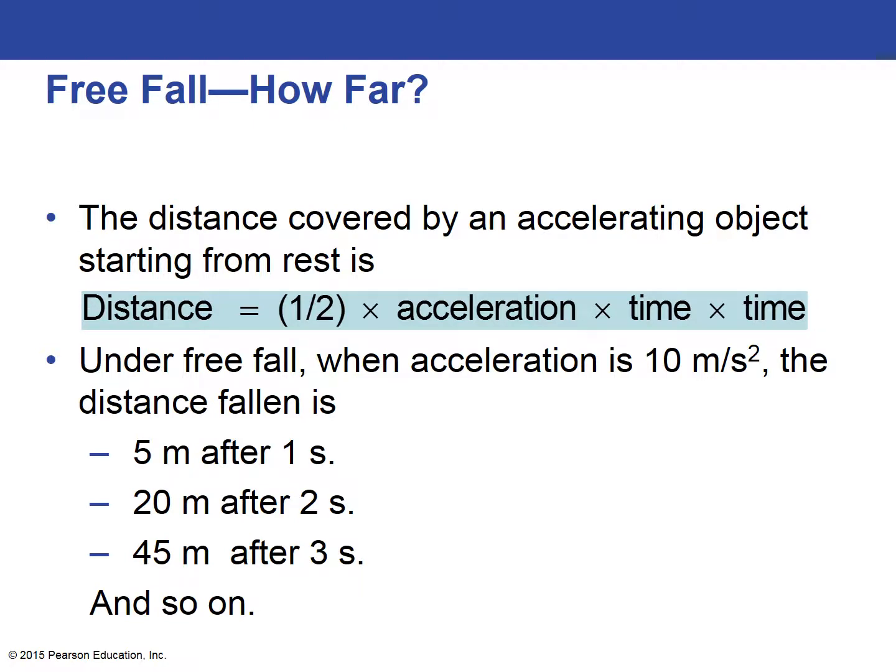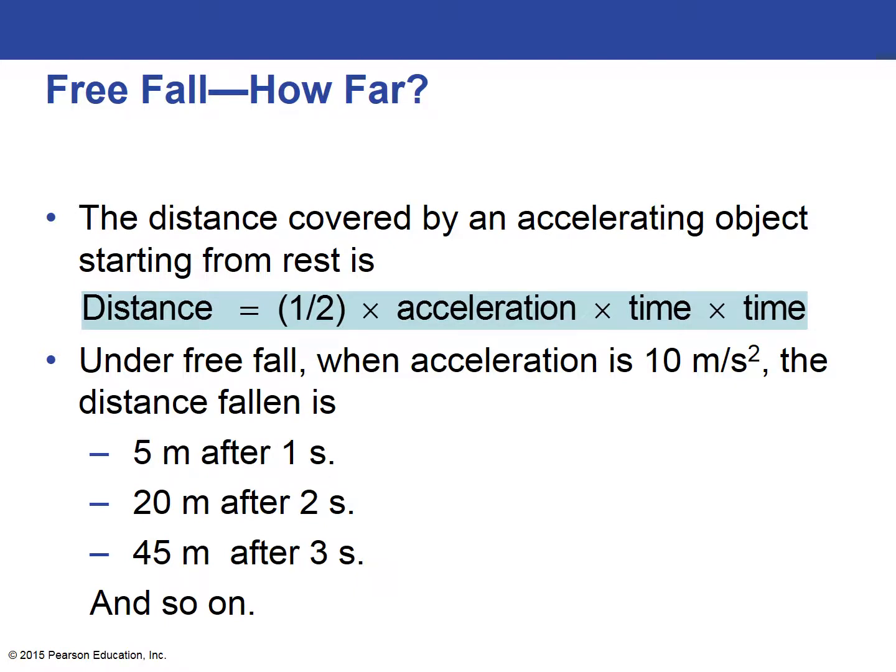Now, in this slide, we're looking at a slightly different quantity of interest, which is how far the object fell after a certain time from when it's released. And that equation is given by what you see here.